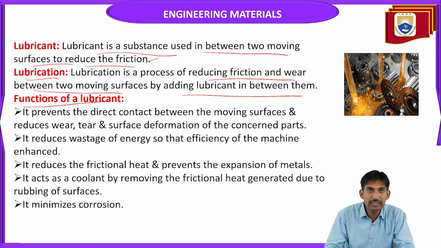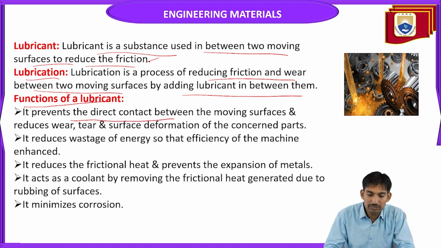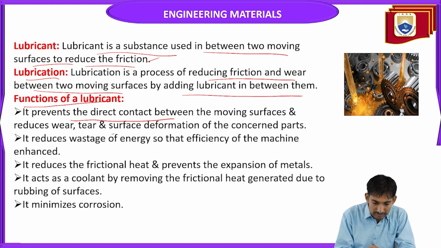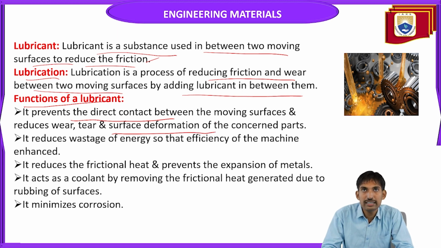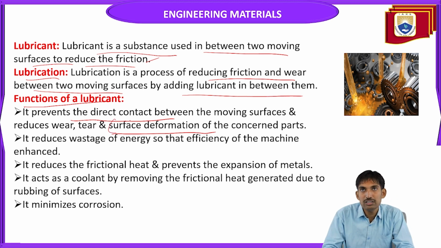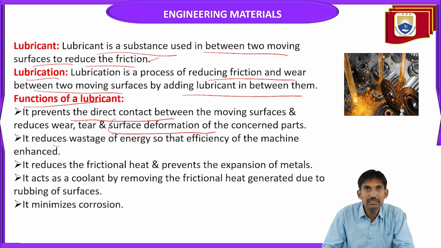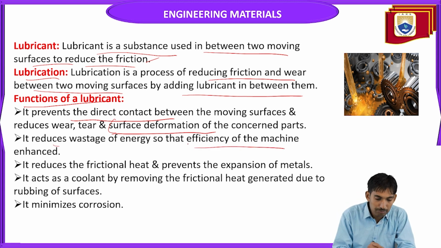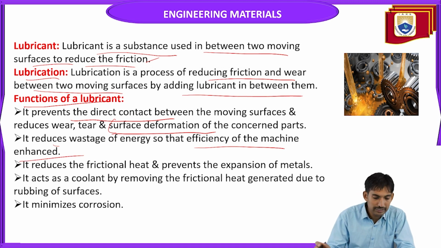What are the functions of a lubricant? It prevents the direct contact between the moving surfaces, reduces the wear and tear, and prevents the surface deformation of the concerned parts. It reduces the wastage of energy so that the efficiency of the machine is enhanced.